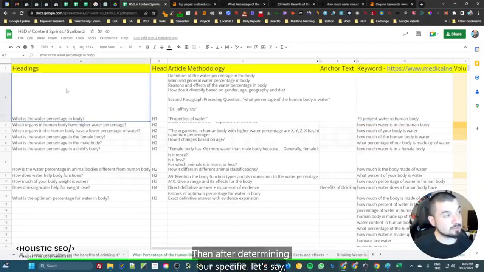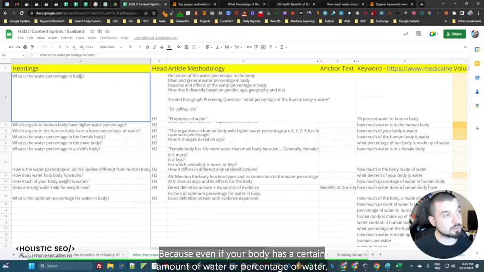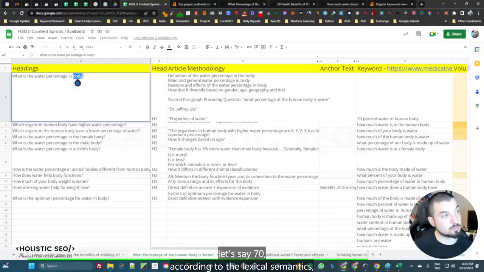Then after determining our macro context, we start to vary the questions further, like which organs in the human body have higher water percentage? Because even if your body has a certain percentage of water, let's say 70, according to lexicosemantics the body has different parts, but which part has what percentage of water?